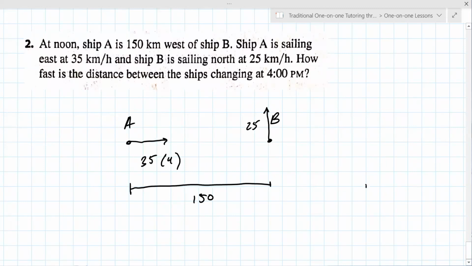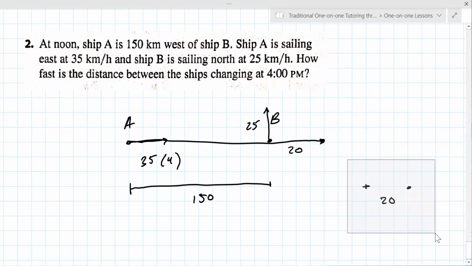Okay. So their final position is over here. Well, let me draw it this way. So A is over here when they're done. Do you agree with that? Why is it 20?